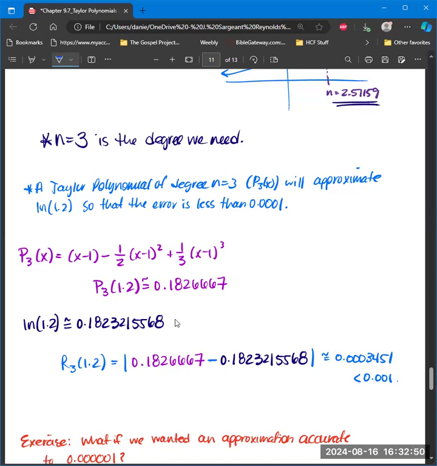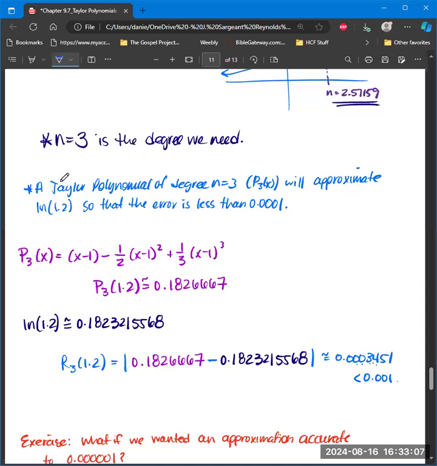It's going to be 0.0003451, which is less than 1,000th. It's 3/10 of 1,000th. It's 3 10,000ths.